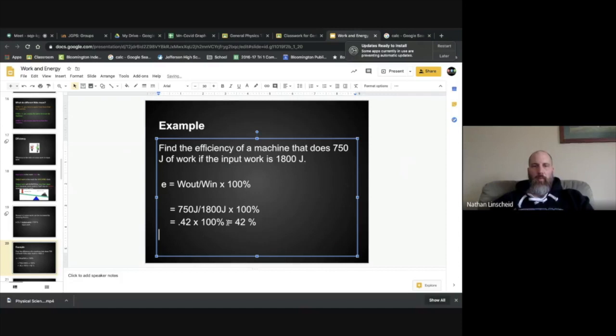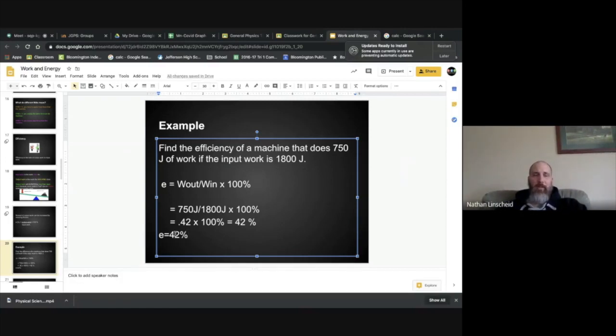So what is this saying? That the machine has an efficiency of 42%. What it means is that 42% of the work I'm doing is actually going to lifting the load. 58% is just used to overcome friction. So that is not an uncommon efficiency for some machines.